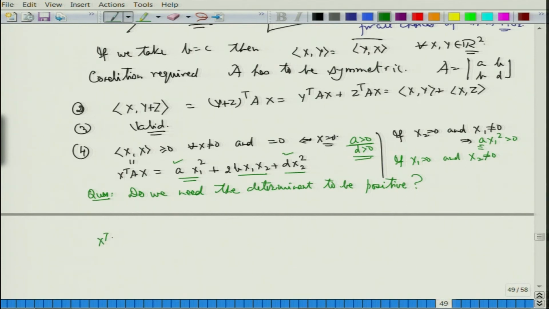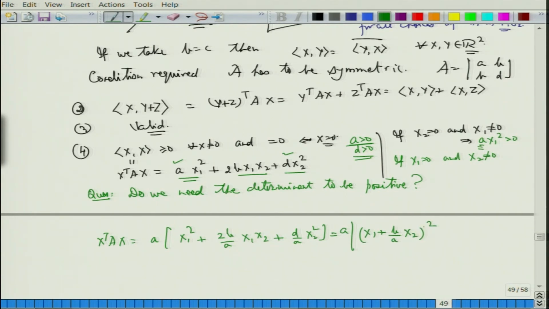So x transpose Ax for us is nothing but a times x1 square plus 2b upon a x1 x2 plus d upon a x2 square, which is the same as a outside, x1 plus b upon a x2 whole square.